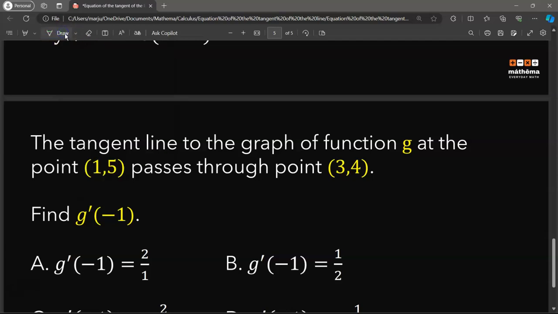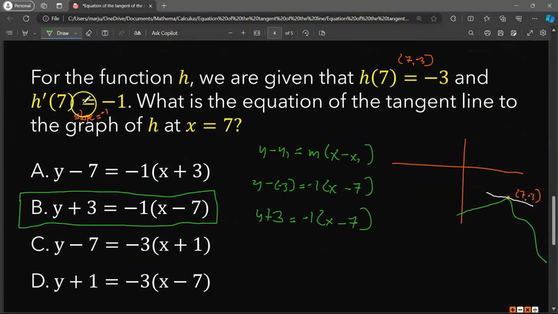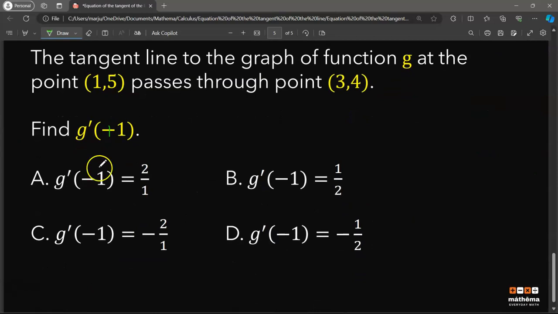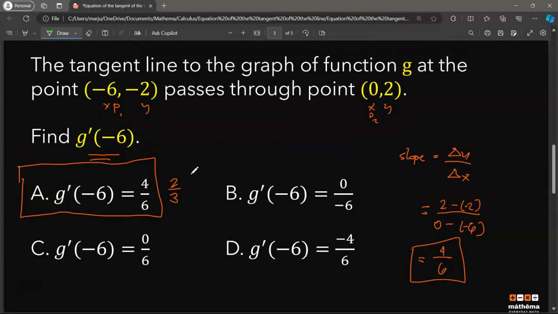It should be a positive 1. My mistake, I copied it from the earlier item. That is a clumsy mistake.